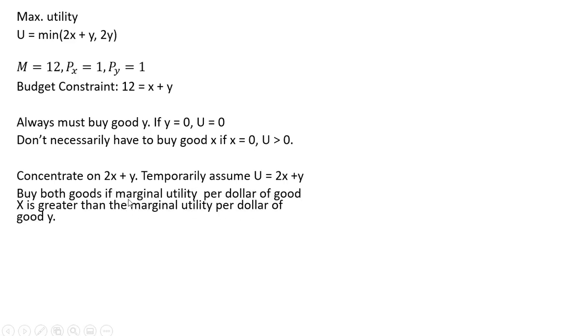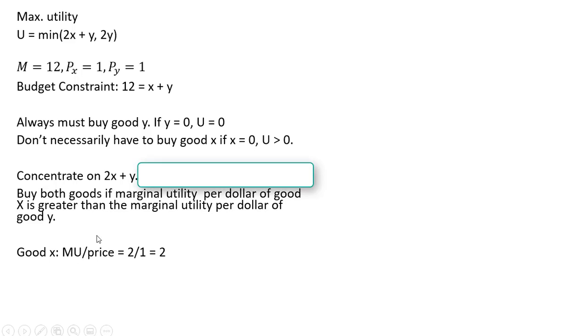We're going to buy both goods if the marginal utility per dollar of good X is greater than the marginal utility per dollar of good Y. So for good X, the marginal utility is going to be the coefficient on the X variable, 2, and we're going to divide it by the price of 1. So the marginal utility per dollar for good X is 2.